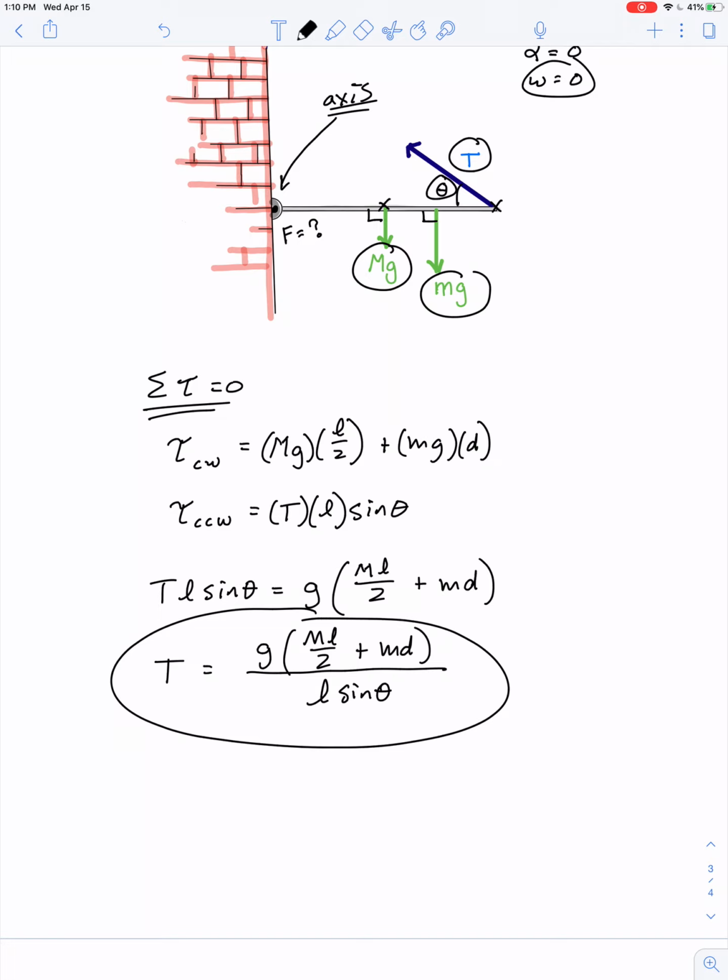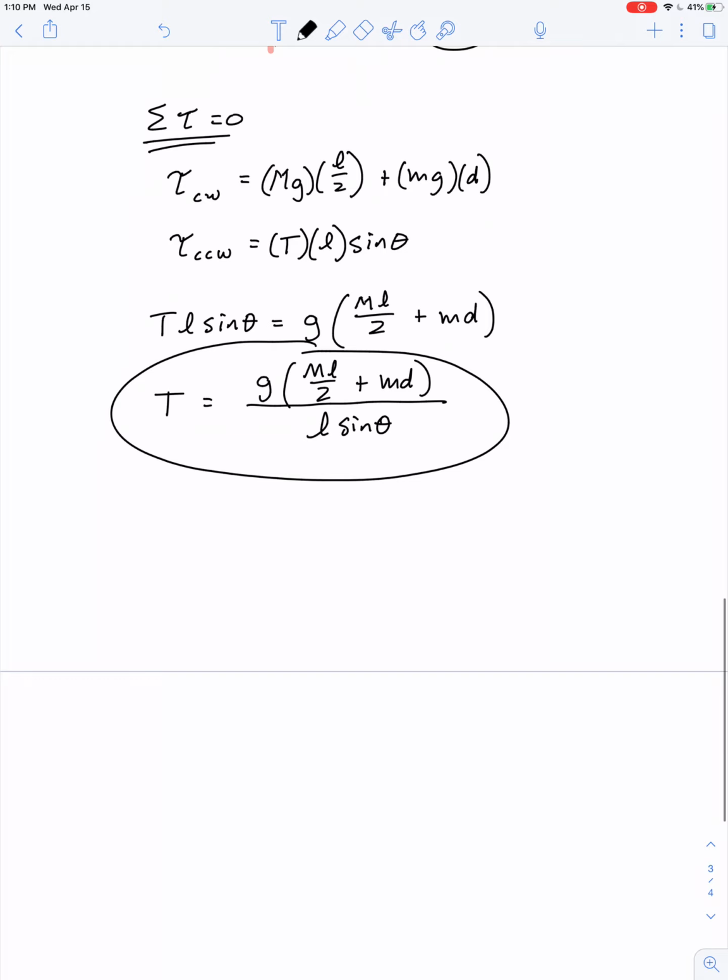So that's pretty good. Even if we didn't give any numerical values in this problem, we could at least solve it algebraically. If we want to plug in the given values, then the tension is equal to, we'll round up for g, call it 10 newtons per kilogram, multiplied by, what is this?